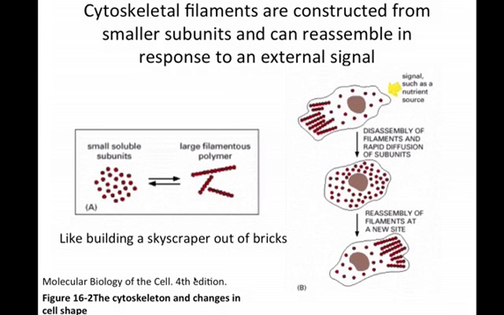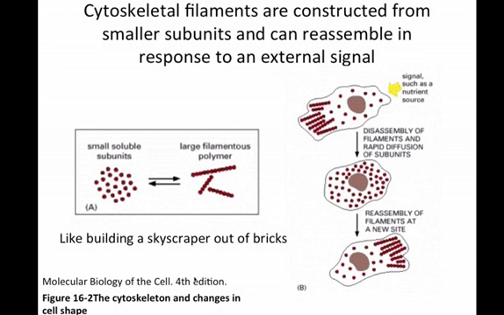You can imagine in that neutrophil movie we saw, that's what was happening. There was something being secreted by the bacteria that was saying, hey, I'm here, and the cell said, okay, disassemble actin, run across to the other side of the cell, reassemble actin, let's run this way. And it had to keep doing that because it was going in many different directions. So in the book it says it's like building a skyscraper out of bricks, because you can think of your actin polymer as made of many individual bricks.